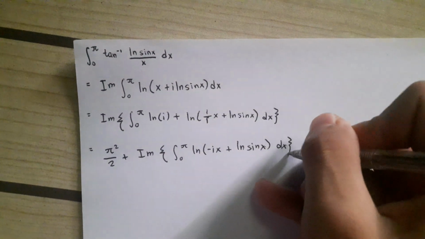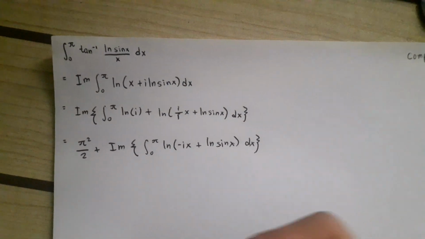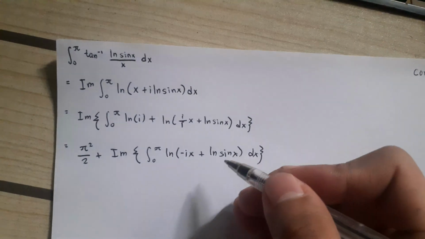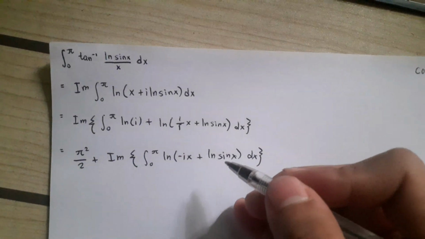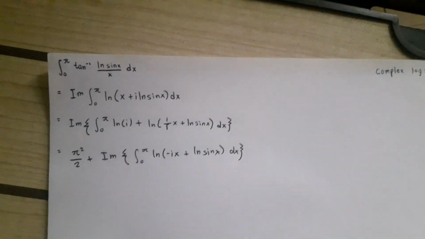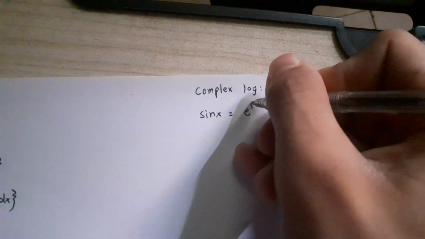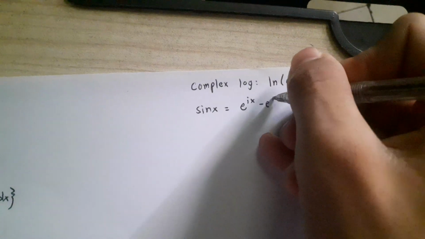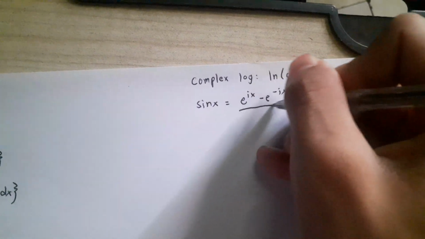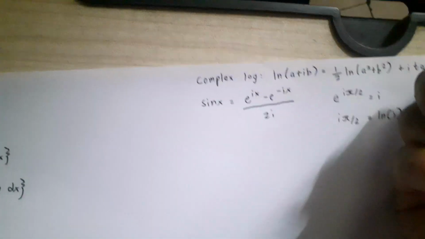Using Euler's formula for trigonometric functions, we know that sine x is equal to e raised to ix minus e raised to negative ix, divided by 2i.